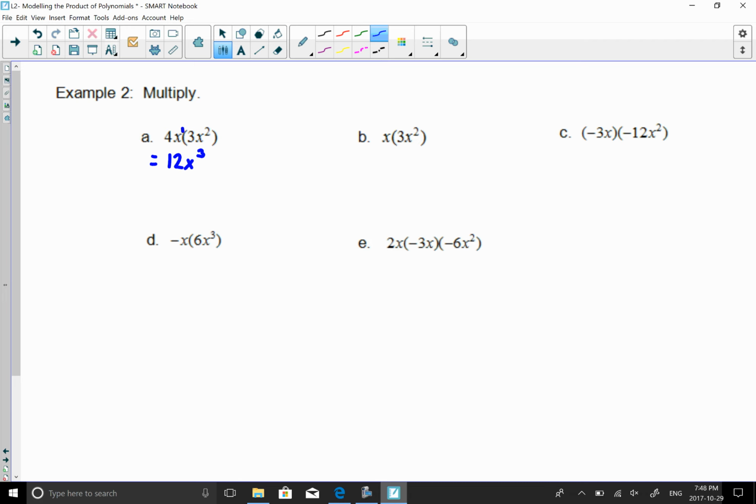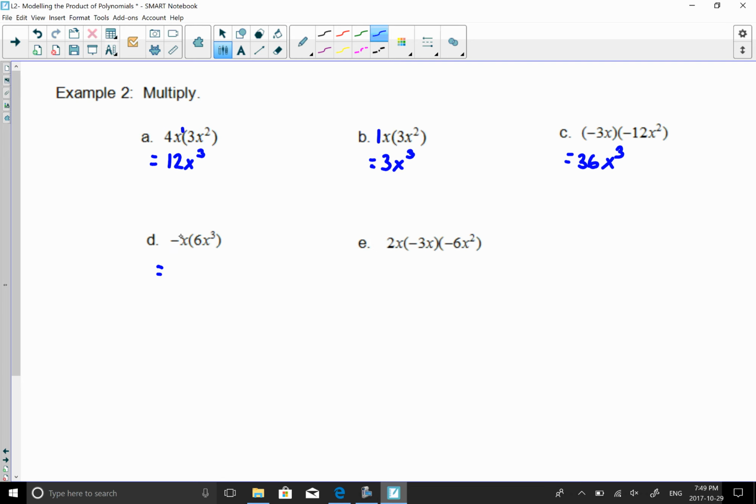So adding the exponents, 1 plus 2 is 3. Numbers by numbers, variables by variables. Negative 3 times 12 is positive 36. 1 on this x, 2 on this x. 1 plus 2 is 3. So x cubed.